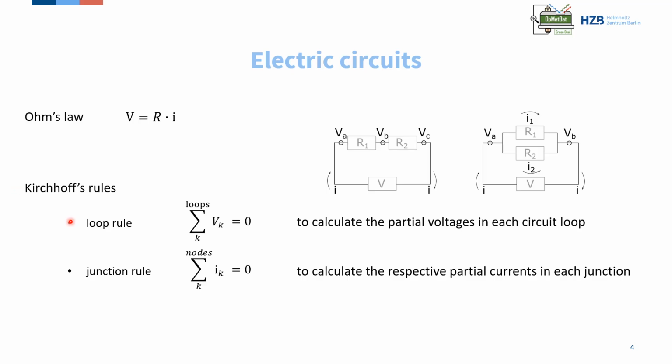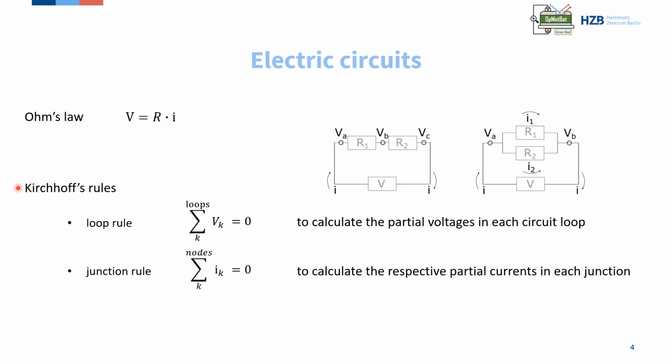On one hand, at both contact sides of resistors to the main circuit current, different loops are formed with different partial and local voltages. On the other hand, in resistors arranged in parallel, different junctions or nodes are formed with different local currents.